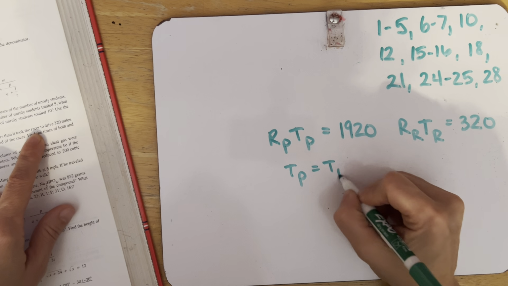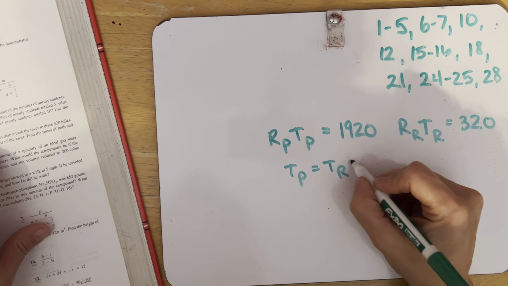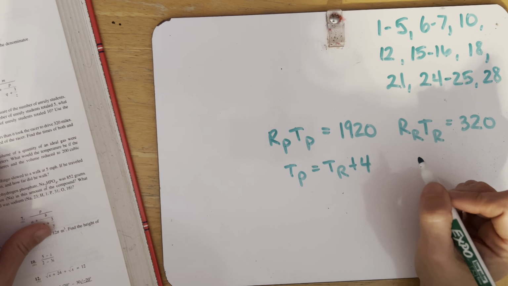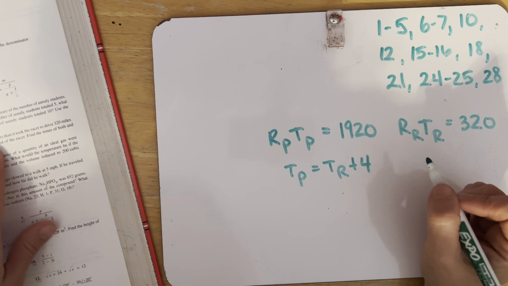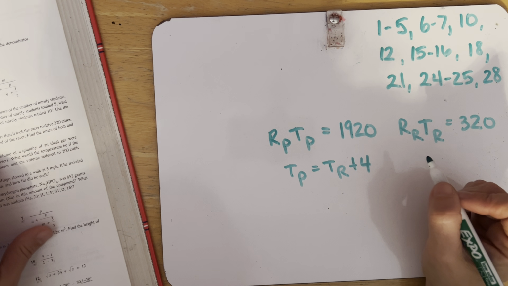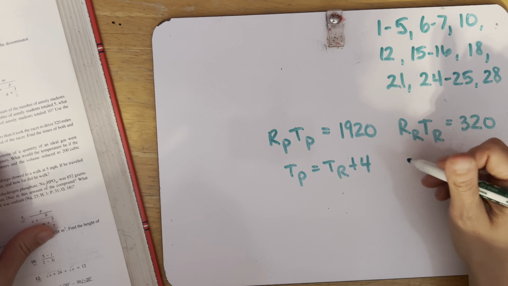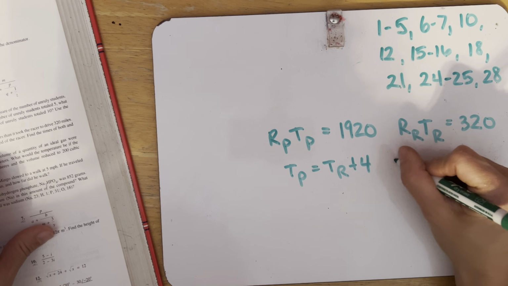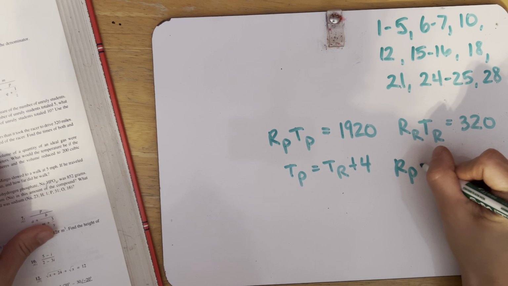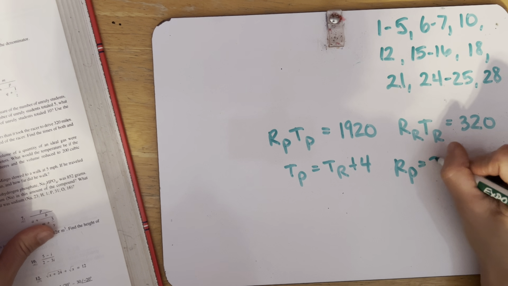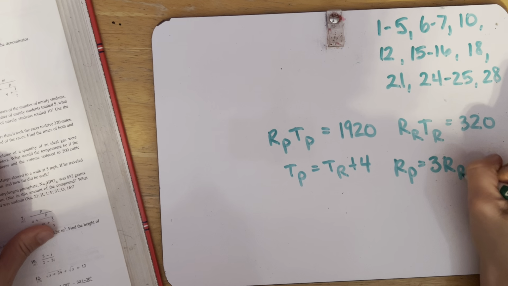So it equals the time of the racer plus 4. And then the speed of the plane was 3 times the speed of the racer. So the rate of the plane equals 3 rate of the racer.